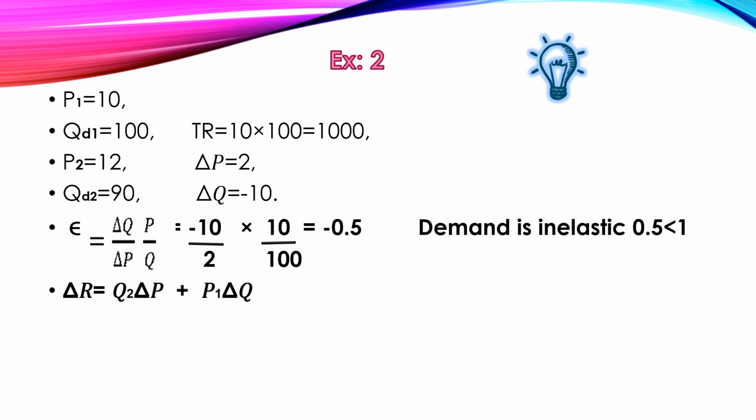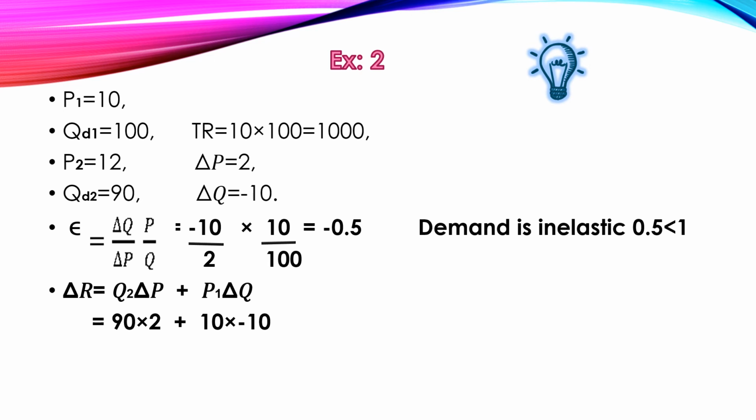Change in revenue here equals quantity times change in price, the direct effect, plus price times change in quantity, the indirect effect. Quantity equals 90, change in price equals 2, price equals 10, change in quantity equals negative 10.